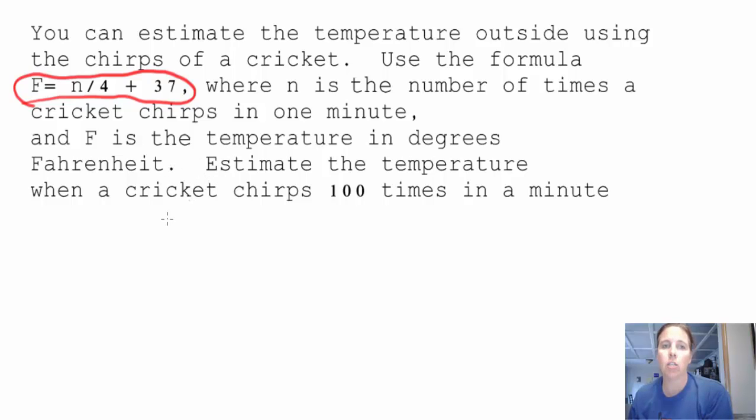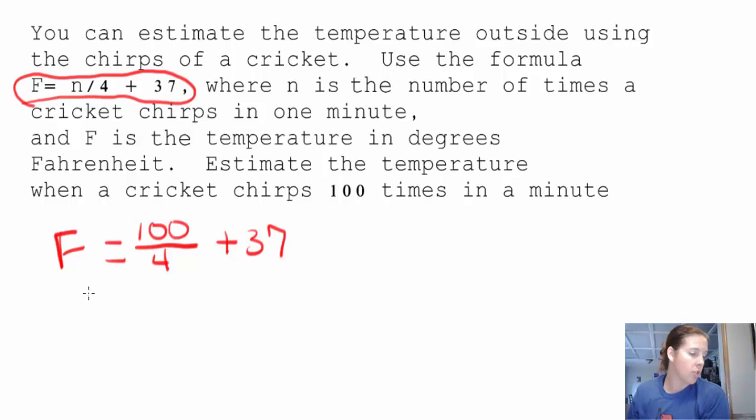Estimate the temperature, so we're looking for F. When a cricket chirps 100 times, 100 divided by 4 plus 37. This one you don't have to move to the other side, you just have to solve, because all of our constants are on the same side.